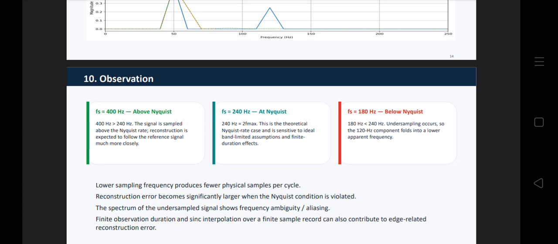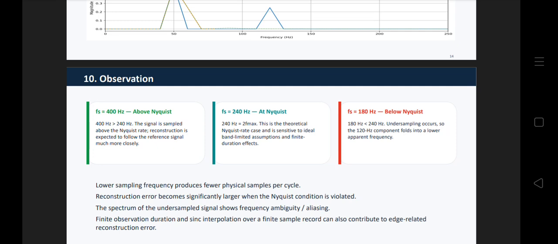From the observation, at 400 Hz, which is above 240 Hz, reconstruction is substantially faithful. At 240 Hz, we are exactly at the theoretical Nyquist boundary.